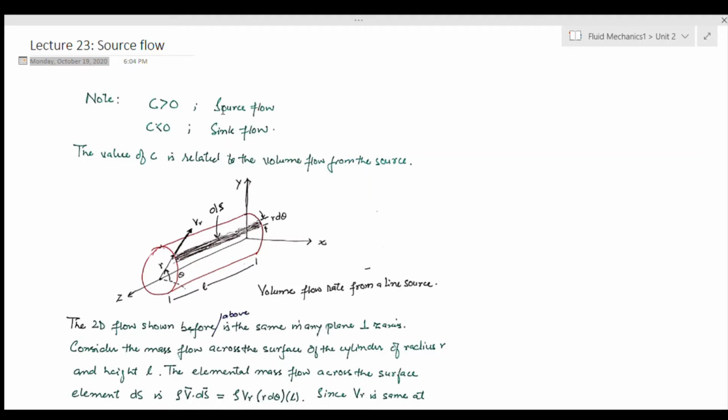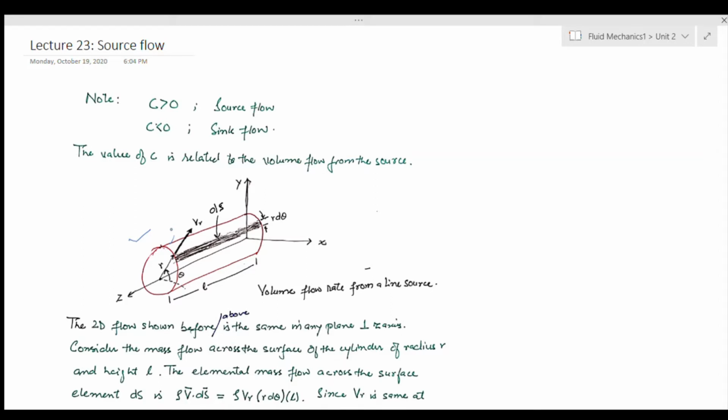Now to find the value of C, we would have to extend this 2D into a 3D, and that is something you are seeing here in this red colored cylinder which we have drawn. You can see our XYZ axis.